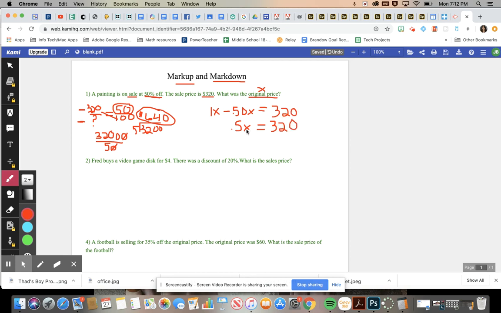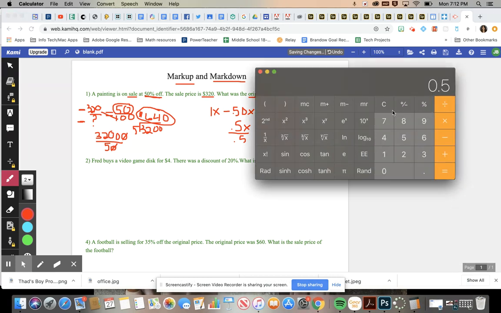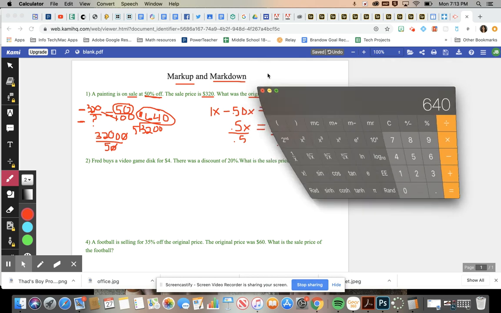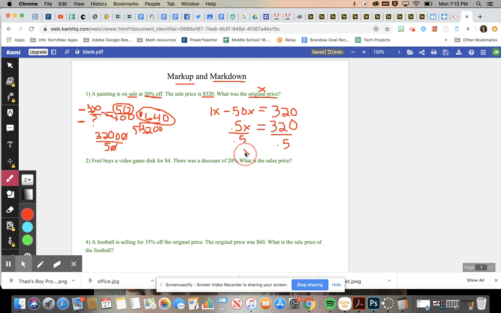Okay, and now I have 0.5 times x equals 320. And then to get x by itself, the original price, I have to divide by 0.5 and divide by 0.5 on this side. So let's do 320 divided by 0.5. And you'll see again, I get that 640. So x equals $640. So there's two different ways, setting it up as the proportion or setting it up as an equation.